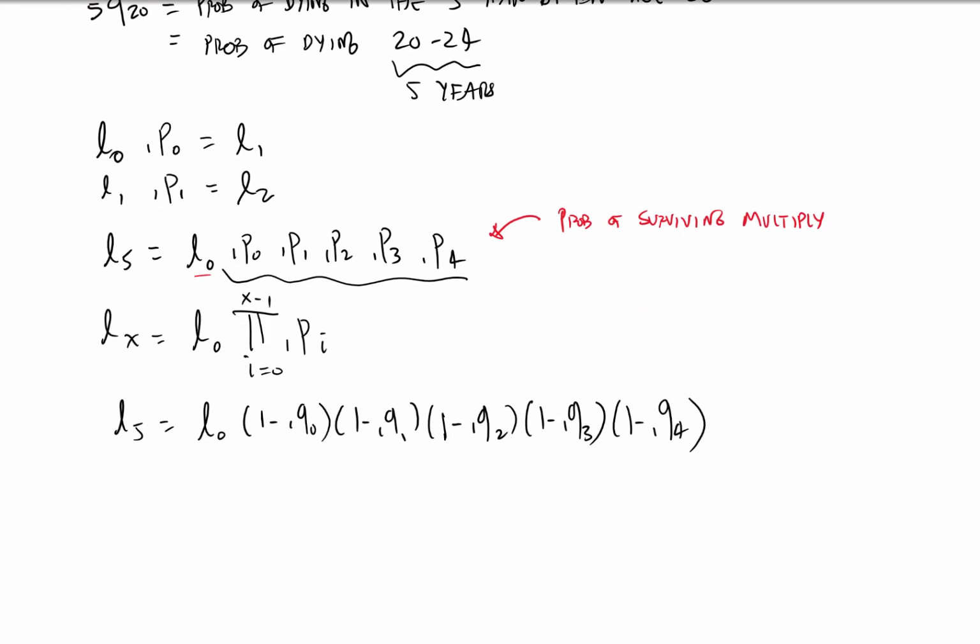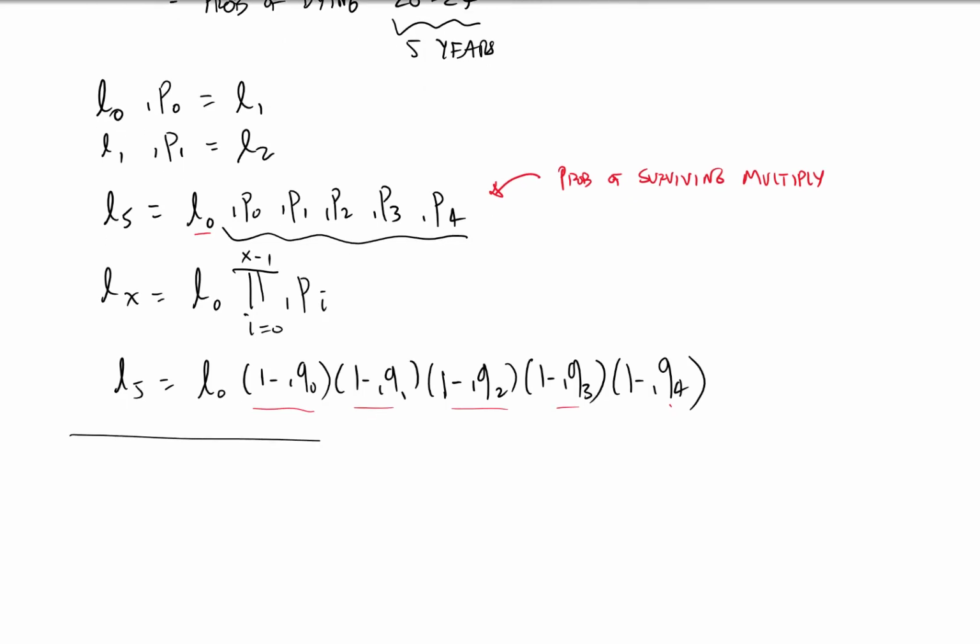The probabilities of surviving multiply, so 1 minus the probabilities of dying multiply. So the probabilities of dying don't multiply, the probabilities of surviving multiply. You guys probably already know all of that.